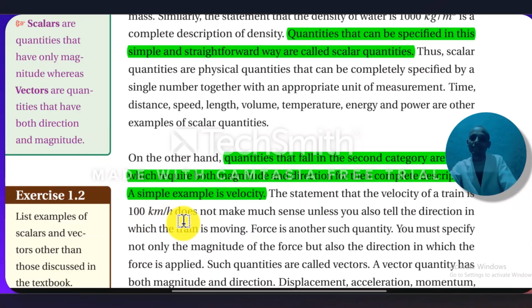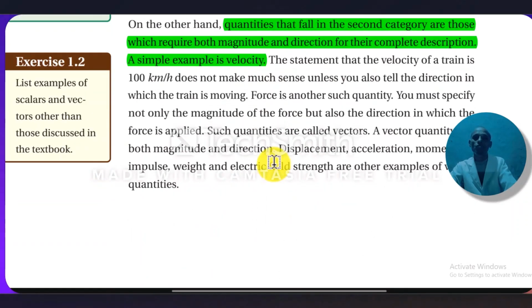It does not make much sense unless we also tell the direction in which the train is moving. The 100 kilometers per hour is the magnitude. When we talk about the velocity of the train, we have to know the direction of motion.